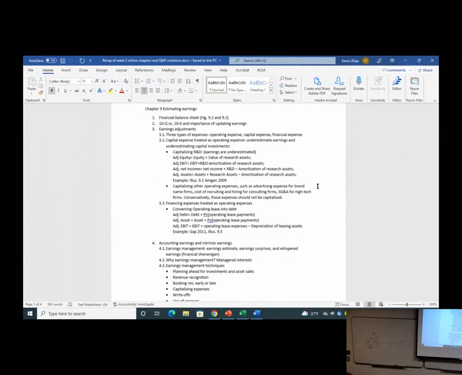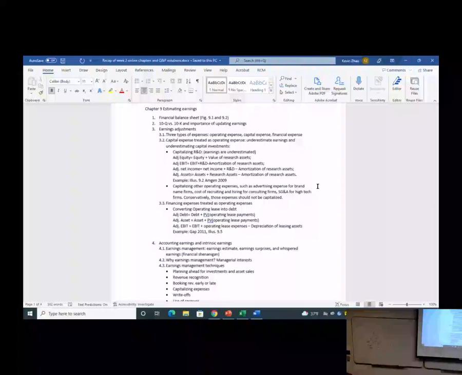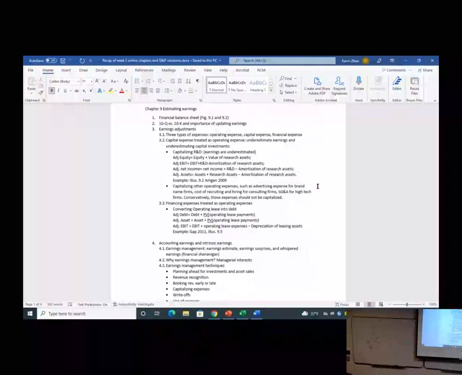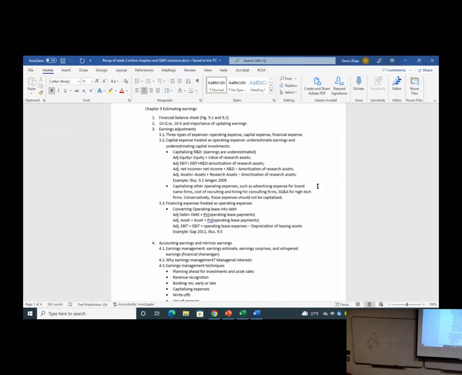But GAAP, generally accepted accounting principles, actually requires the company to treat R&D as expenses. Right? So the consequence is that earnings where a company has a large amount of R&D are underestimated. So we need to make certain adjustments in our financial analysis.